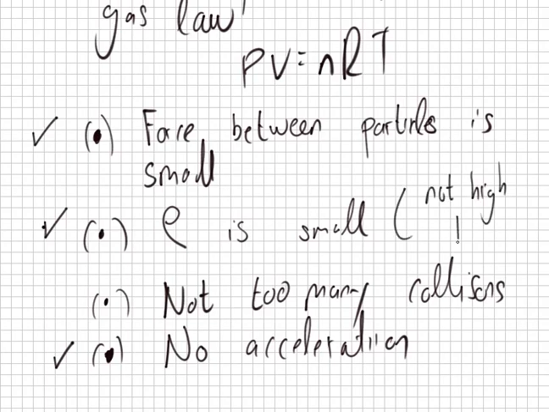So there's different ways to write it, but the way you're thinking about an ideal gas is it's nice and big, lots of empty space. The particles aren't colliding too much. There's not a big force pulling them somewhere. It's all just kind of simply moving around. Okay, so that's A. Can I scroll down?